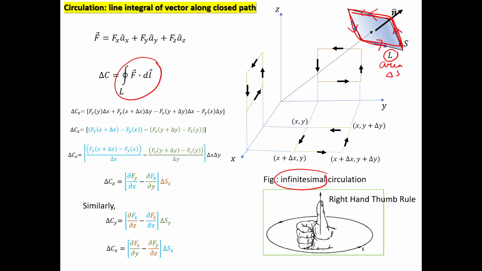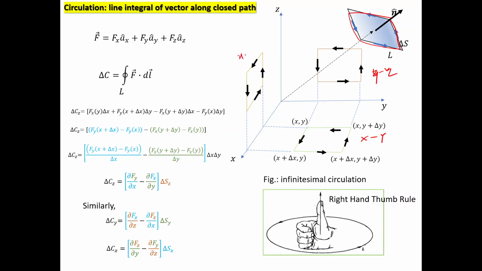So how do we do that? In order to find out the circulation, let us project this area over the xy plane, yz plane, and xz plane.